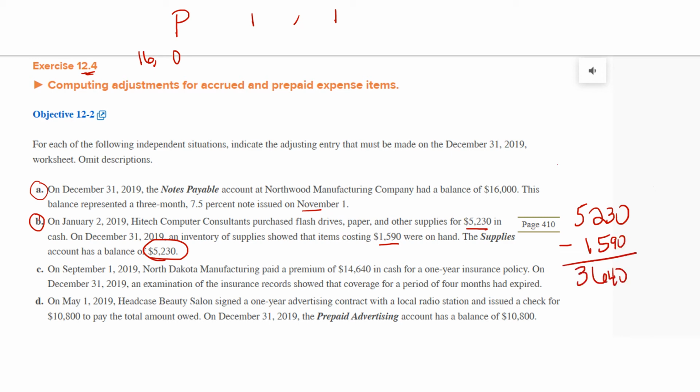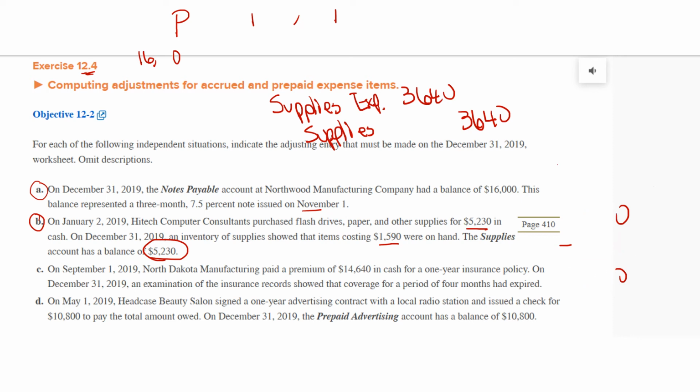That's your supplies expense. Just like we did in Chapter 5, you would debit supplies expense and credit supplies for $3,640. That would be your adjusting entry. That's letter B.